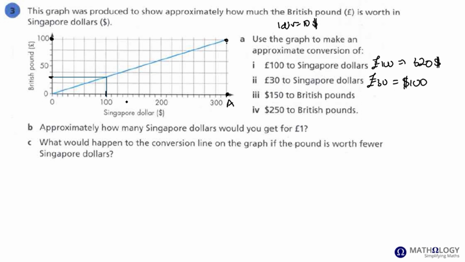$150 to British pounds. Now we're going to the x-axis. 150. There are 10 divisions between the major units on the x-axis. So we need to go 1, 2, 3, 4, 5.